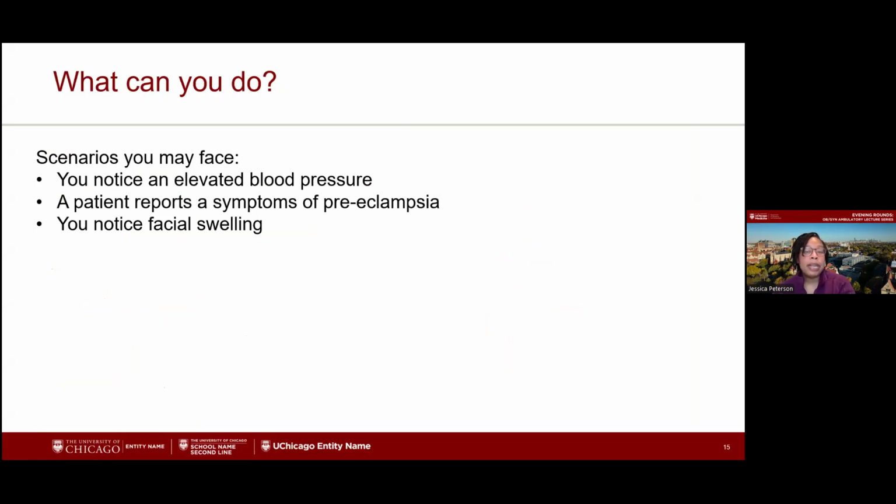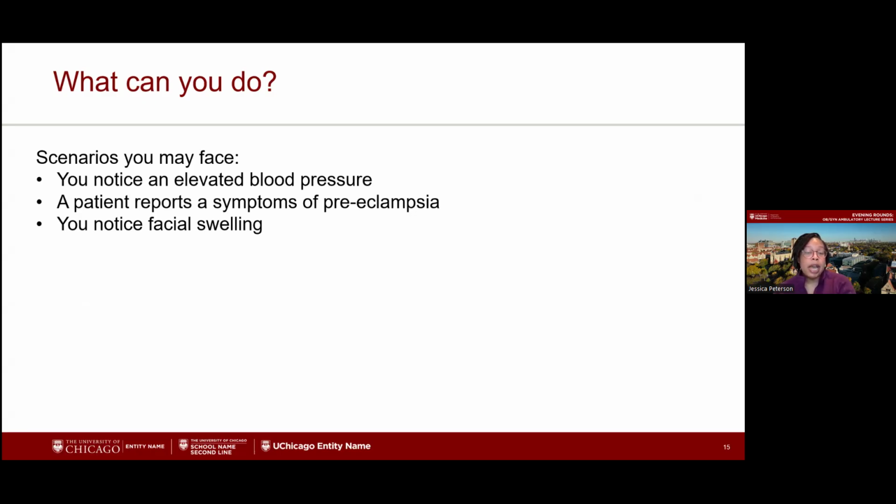So, what are some things that you can do in clinic to help the provider diagnose someone with preeclampsia or a blood pressure problem in pregnancy? If you notice an elevated blood pressure, you could ask them about the other symptoms of preeclampsia. Have you been having headaches? Are you having trouble breathing? Are you having new nausea and vomiting? Are you having right upper quadrant pain?